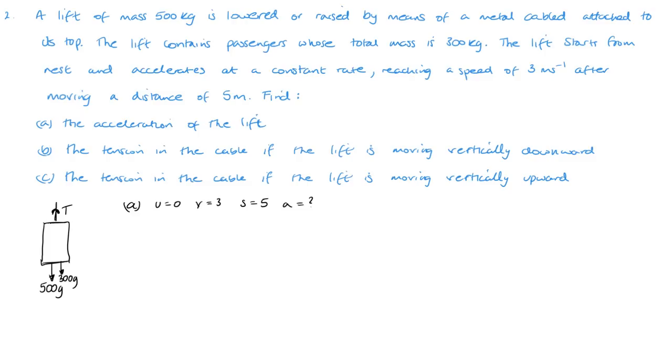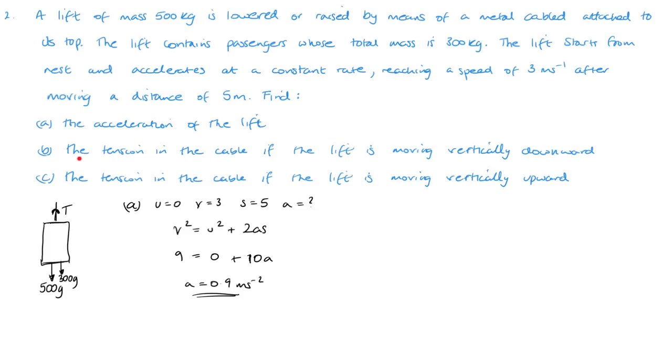So we want v, u, a and s, so that's going to be v squared equals u squared plus 2as. That'll be 9, that's 0, and this is going to be 2 times 5, so 10a. So a is 0.9 meters per second squared.